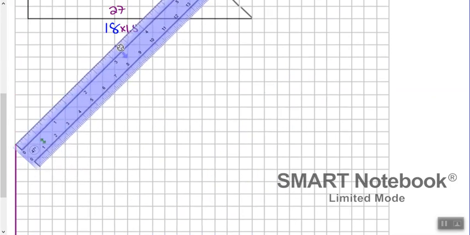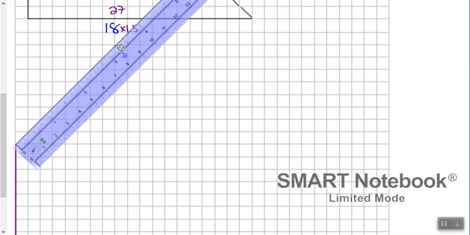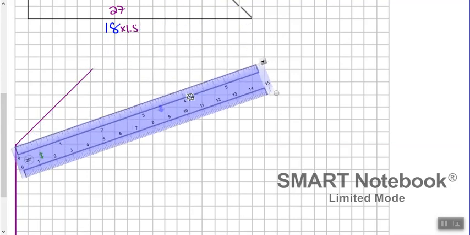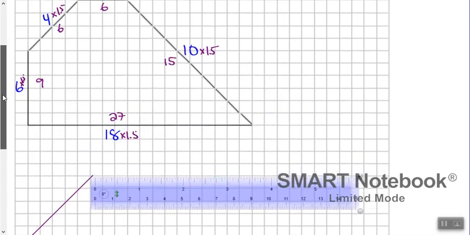So lining this up. Oh, I think it'll be okay. We'll see. 1, 2, 3, 4, 5, 6. Then straight across, we need to go another 6 squares.